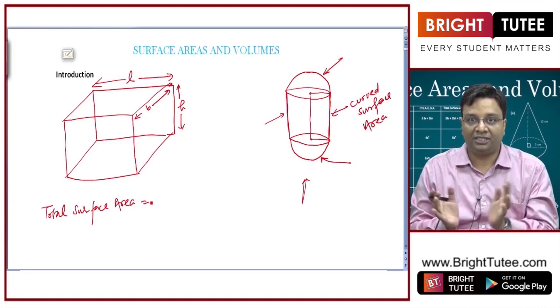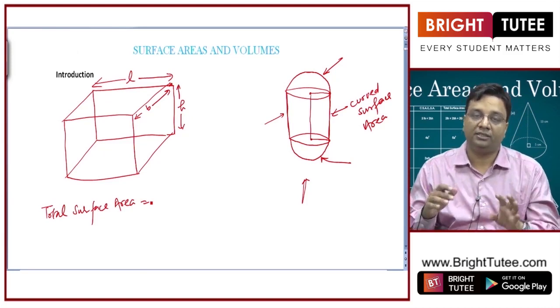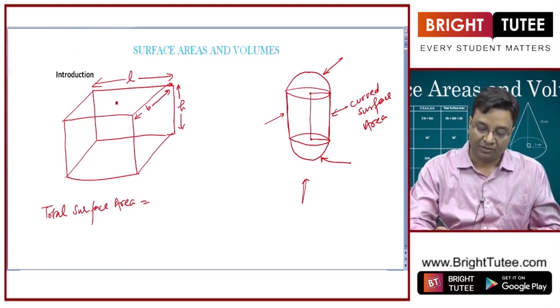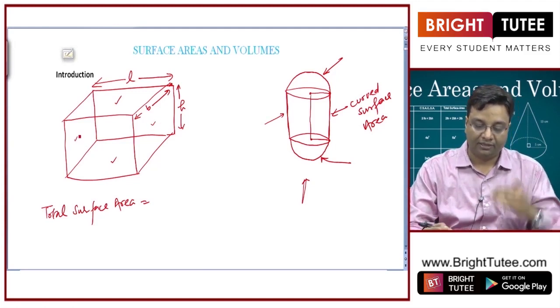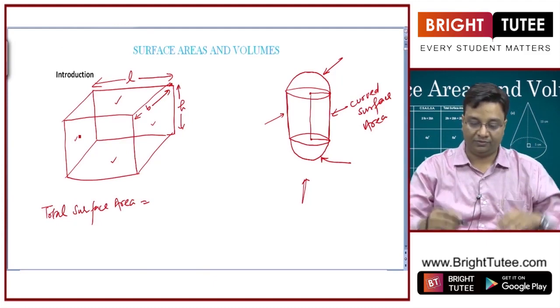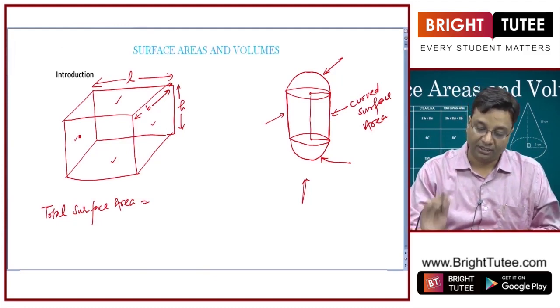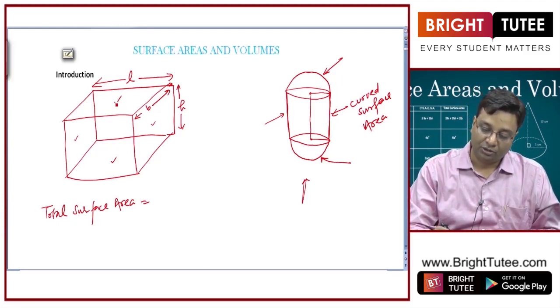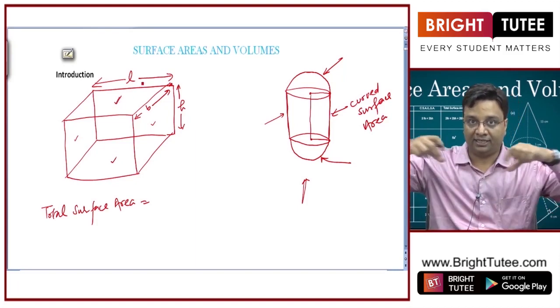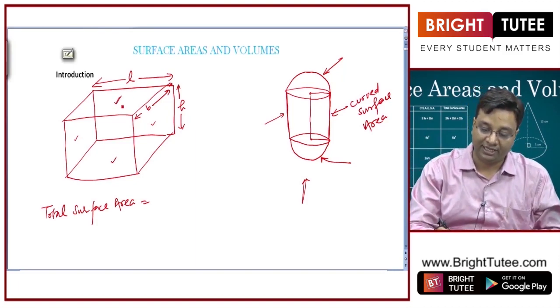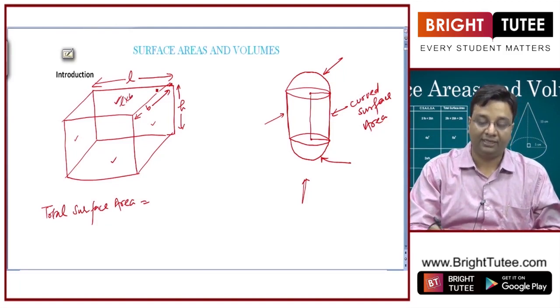You know how many surfaces are there in this cuboid? There are 6 surfaces, right? 1, 2, 3, 4 and 1 in front, 1 in back, 5 and 6, right? So top and bottom surface will have area, these are rectangles, right? On the top you have a rectangle with area L into B, length into breadth.